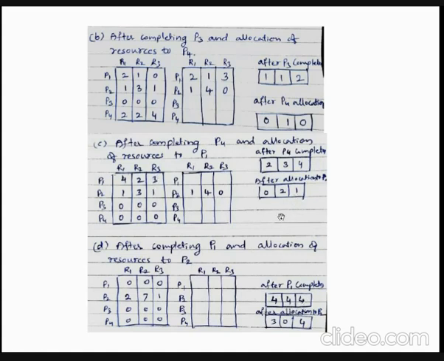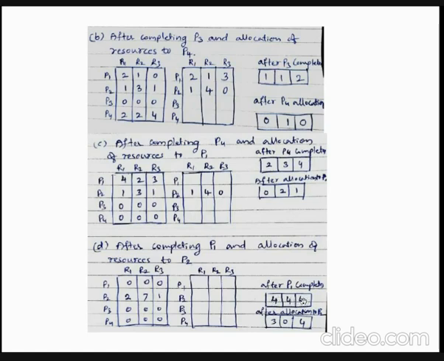The meaning is that P1 has completed its execution. The resources which were allocated to P1 will be added to the free resources, right? That's why after completing process P1, the free resources state will be 4, 4, 4.